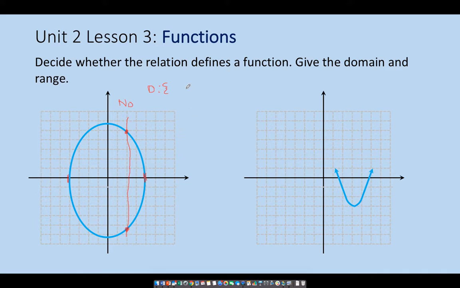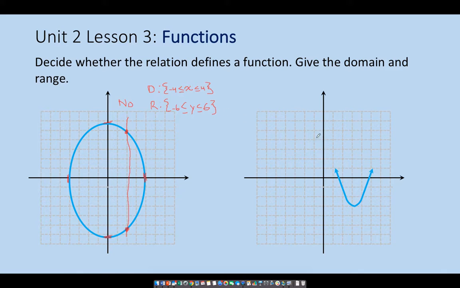So I'm going to use an inequality to describe that. x is greater than or equal to negative 4, and x is less than or equal to positive 4. My range measures the y values, and it looks like my bottom y value is 1, 2, 3, 4, 5, 6. So it's going to be greater than or equal to negative 6. And it looks like I go up to 4, pretty close to positive 6 up here.